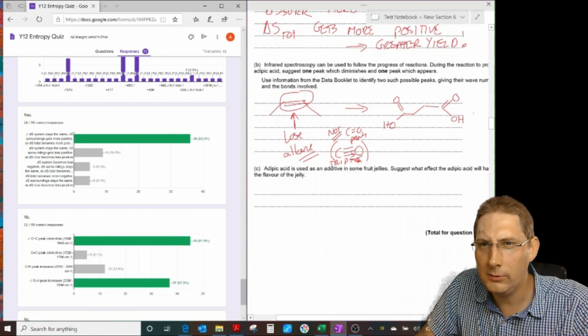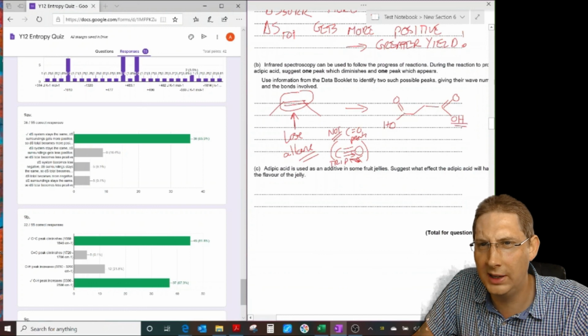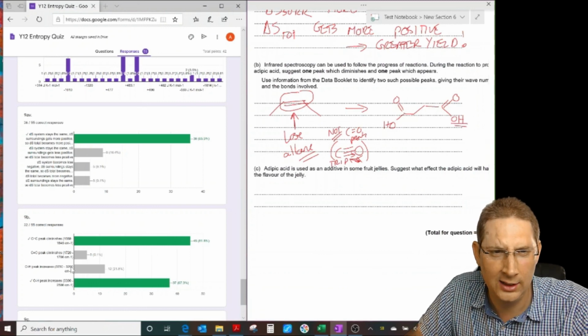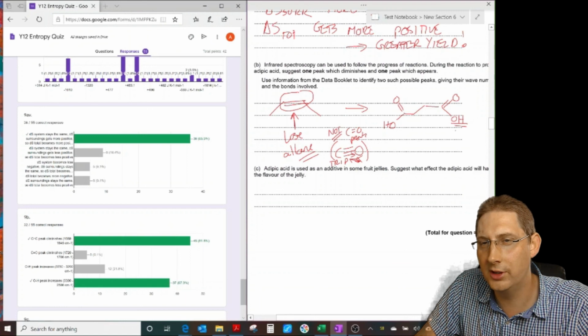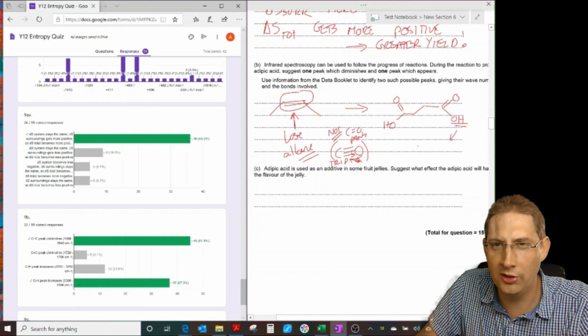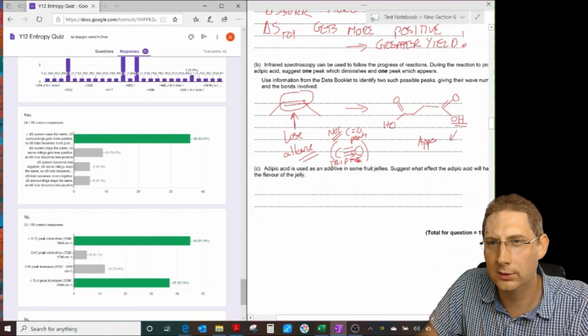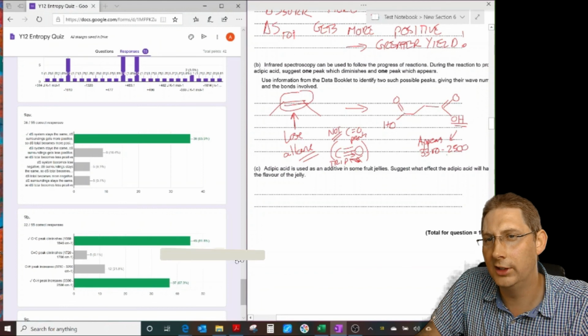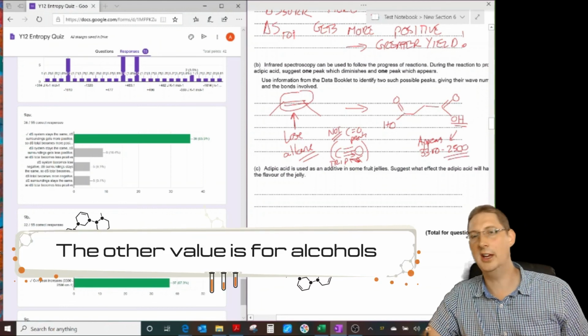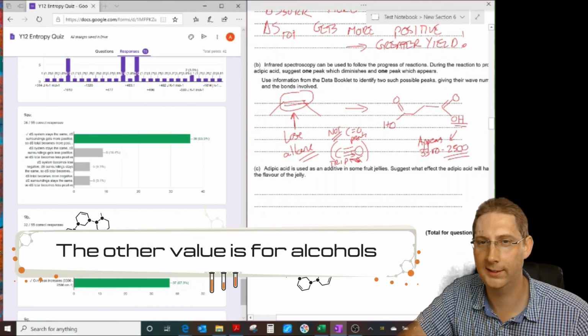And you've got 2 types of OH peak appearing here. You've got one at 3750 to 3200 and one at 3300 to 2500, and the one associated with the carboxylic acid is the one that appears at 3300 to 2500. That's in your data book, so you would be able to tell that.